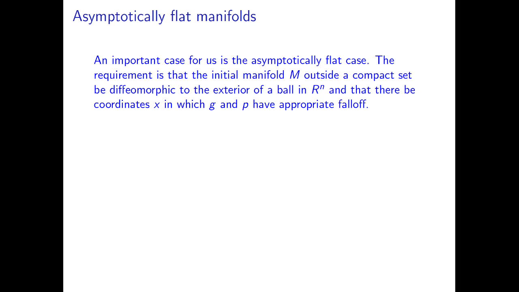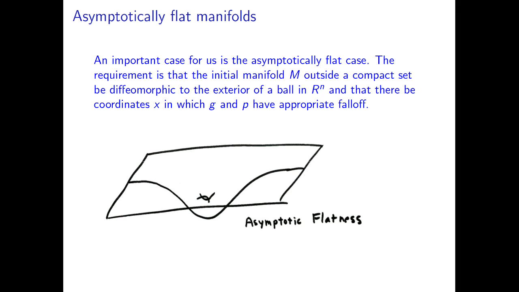Okay, and the other case I'm going to consider is the asymptotically flat case. And so this is, in relativity, called an isolated system. And it corresponds to data which, outside a compact set, looks like Euclidean space.